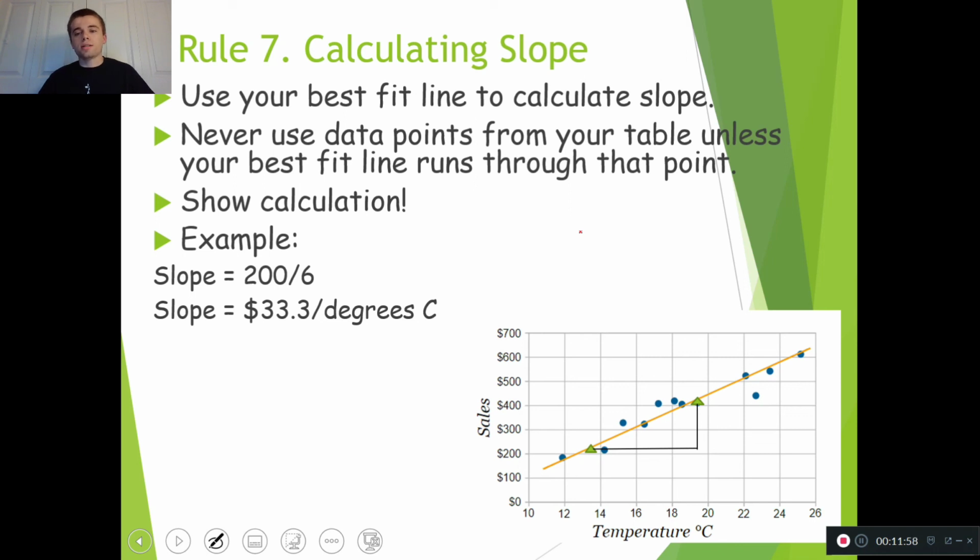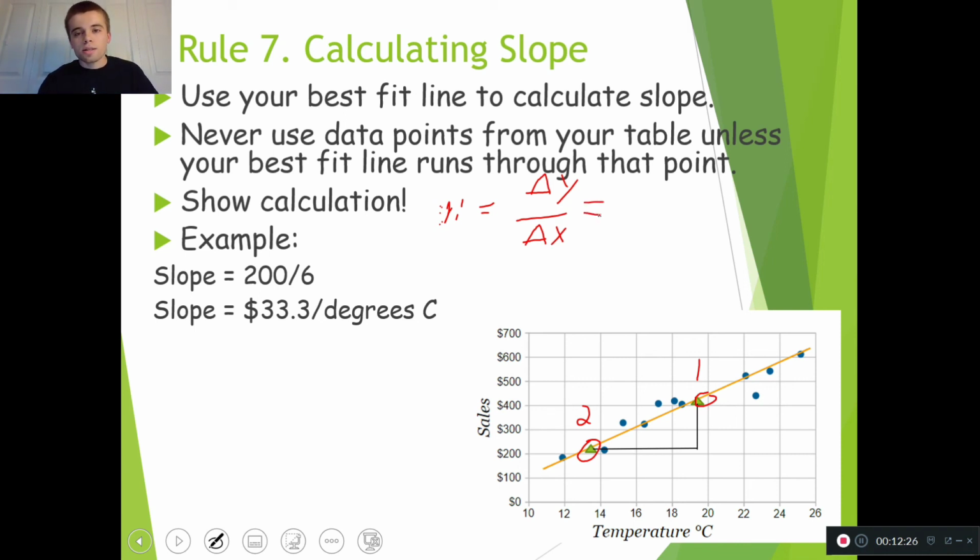In this case, we use this point here, and we use this point here. We're going to call this point 1 and point 2. And we're going to use those 2 points that fall perfectly on our line to calculate what the slope is. So we know slope, which I'm going to represent as m, is equal to our change in y, or our rise, over our change in x, or maybe you heard this in your math class, but it's yum-yums over the picnic table.